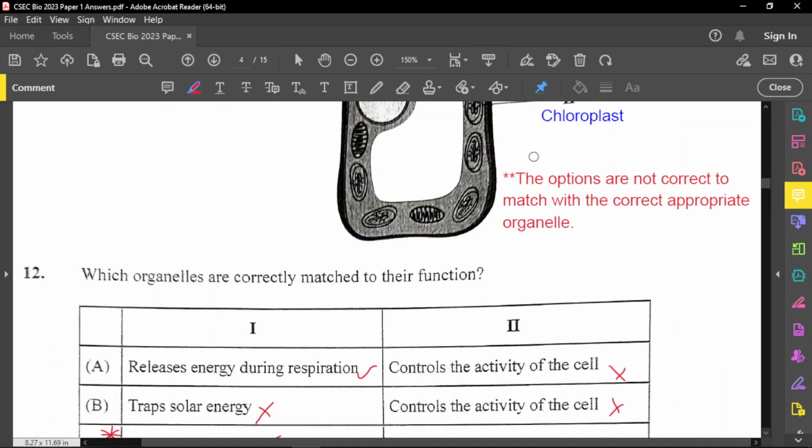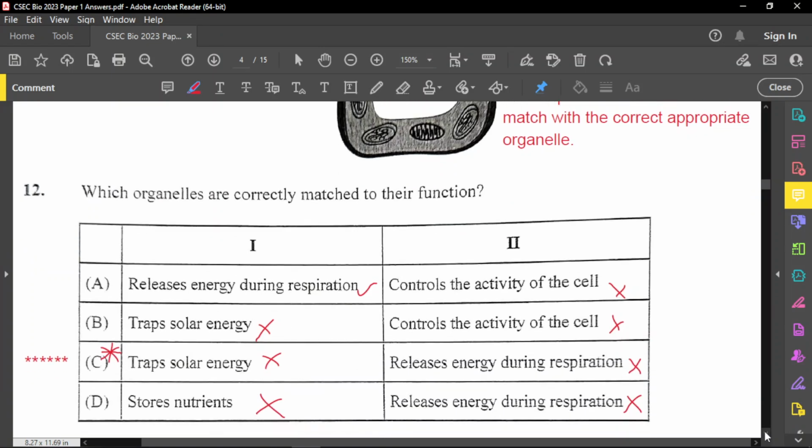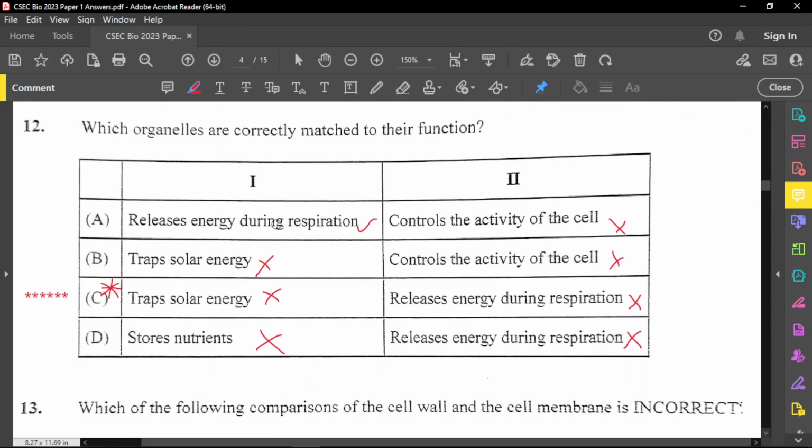All right, so for the question now, which organelles are correctly matched to their function? If you remember, 1 is the mitochondria, right? And so it releases energy during respiration, correct? That is the only true statement for structure 1. For structure 2, if A is correct in terms of releasing energy, structure 2 does not control the activity of the cell.